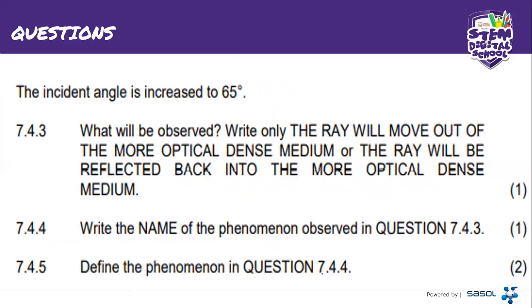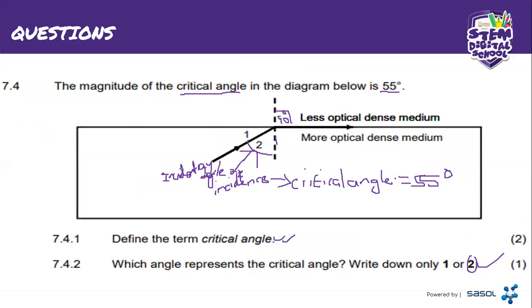Right. Now they say the incident angle is increased to 65 degrees. In other words, now the angle of incidence is greater than the critical angle. Remember, the critical angle was 55 degrees.